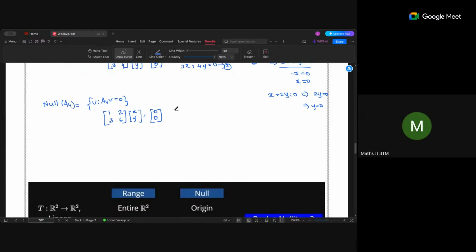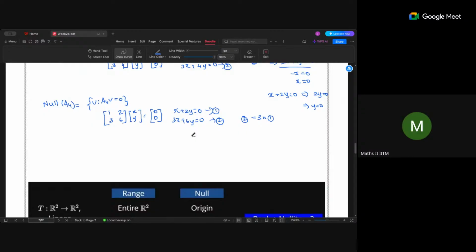So you have x plus 2y equals 0 and 3x plus 6y equals 0. If this is equation 1 and this is equation 2, you can clearly see that equation 2 is simply 3 times equation 1.